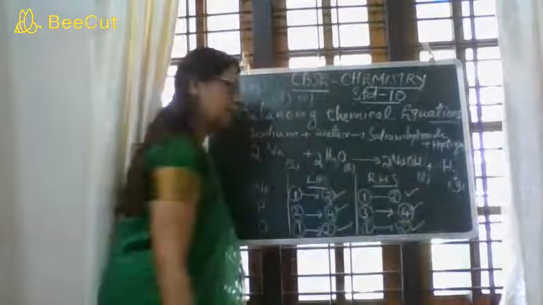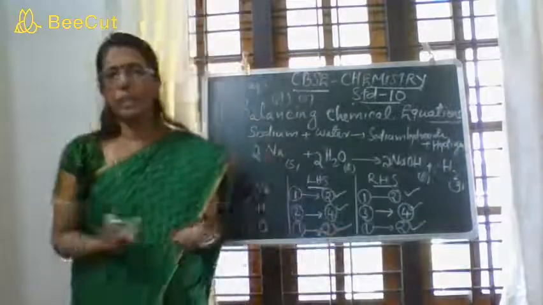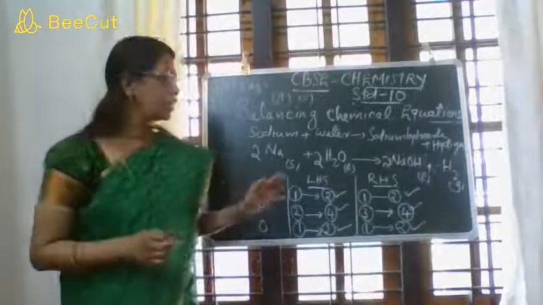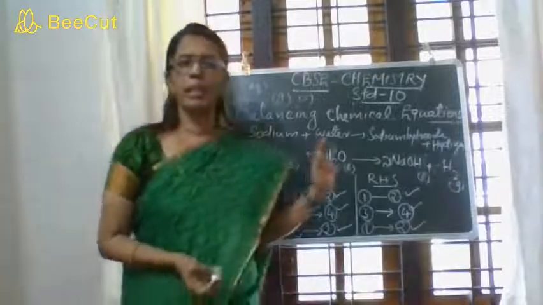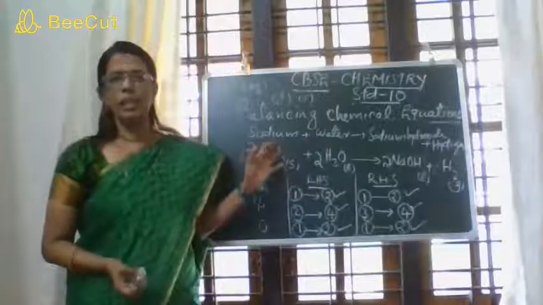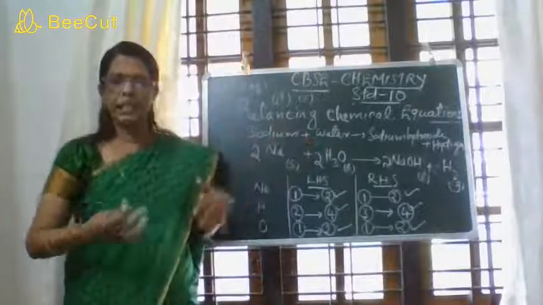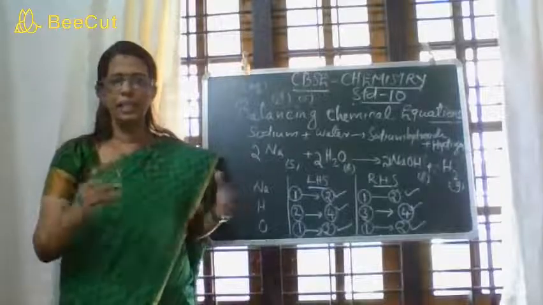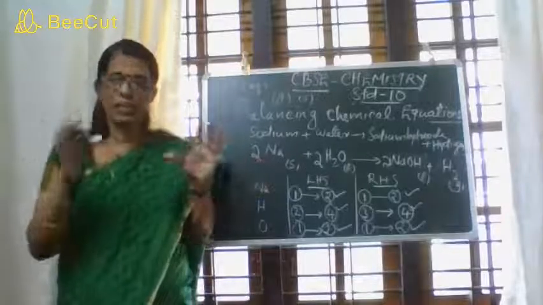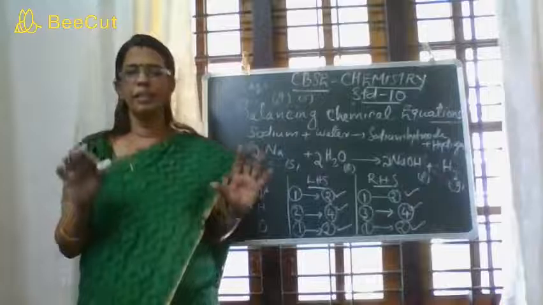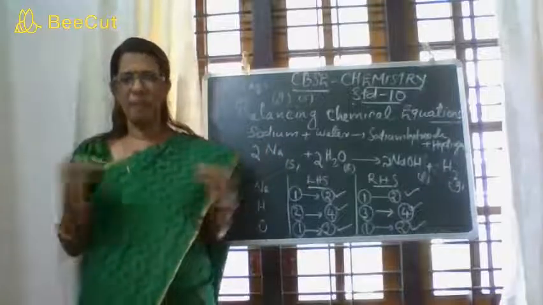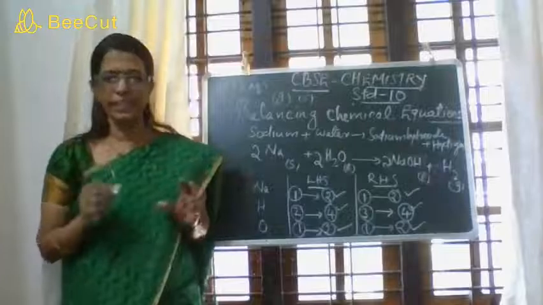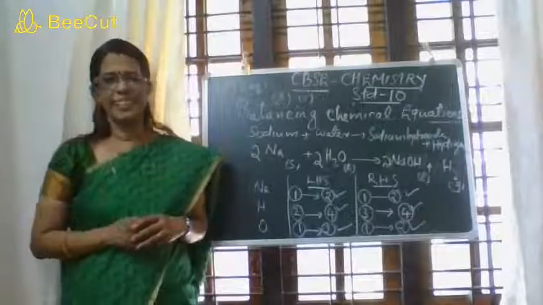We can put the physical state as a subscript within the bracket, like that. So this is a balanced equation. After balancing, you can remove the boxes and write the finished product, that is the balanced chemical equation. And also you can write the physical state of the reactants and products.